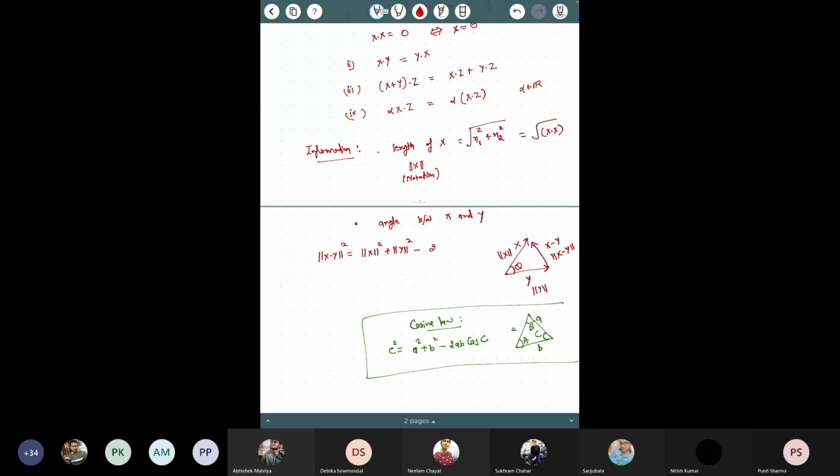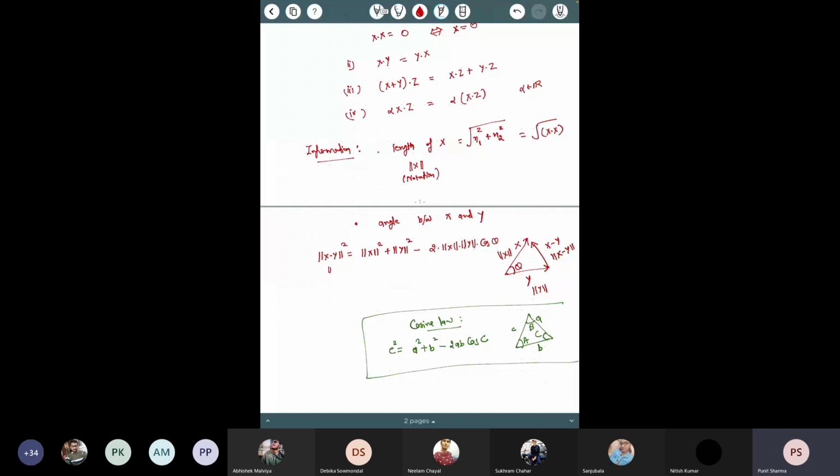But you also know that the length of a vector is given by this. If I take the square of this, it is just the dot product of x with itself, for any x. So applying this to the vector x minus y, it is just x minus y dot product with itself.